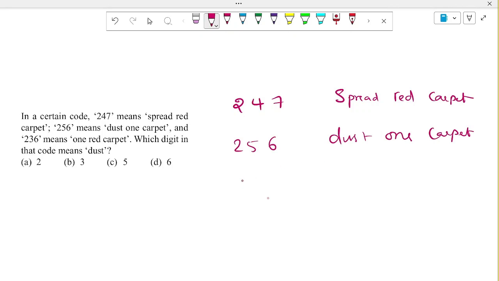Just write it clearly. Whenever you are solving the questions, make sure that it is clean, so that you will not get confused when you solve half. Unnecessary waste of time. Now you see, in all the three places, we have got a common word: carpet, carpet, carpet.